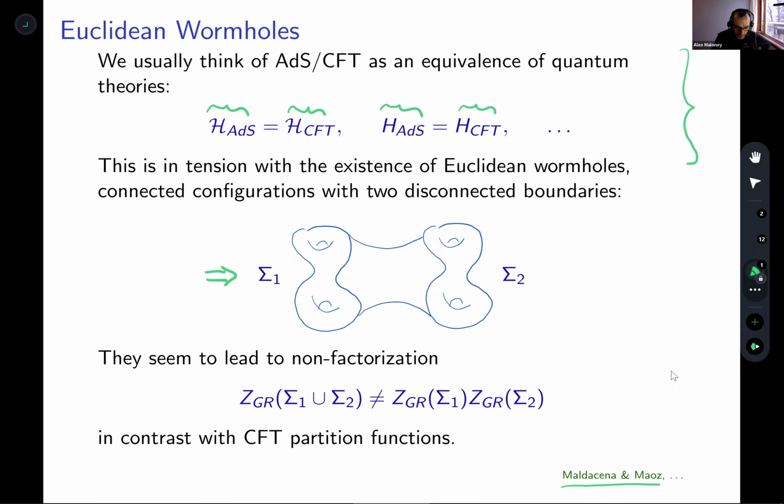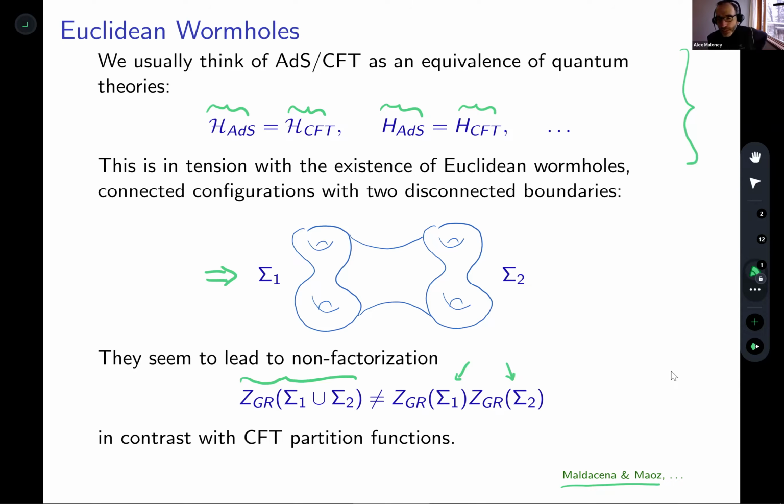And in particular, the existence of such solutions would seem to give a contribution to the partition function of our gravitational theory in the presence of two disconnected boundaries. And in particular, because it's a connected solution, it's not going to factorize. So it won't take the form of a product of two separate functions of the data on the Riemann surfaces sigma 1 and sigma 2, respectively.